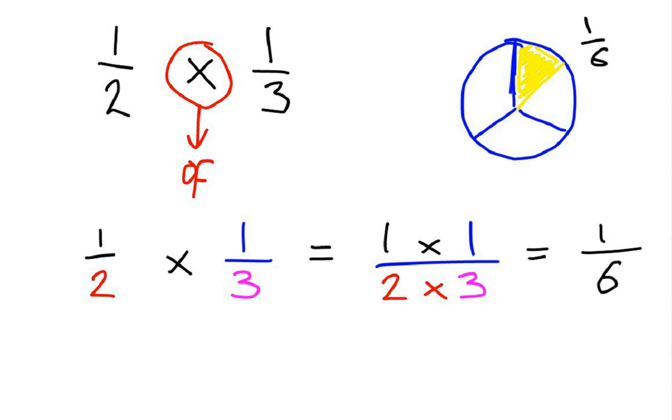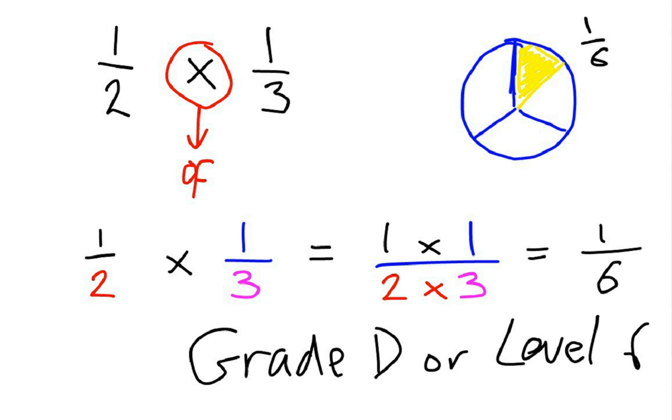So that's actually what this yellow shaded bit here is. It's 1/6. Now, if you can do that, that's Grade D or Level 6. What I'm going to do now is go on and have a look at a Grade C or Level 7 example.